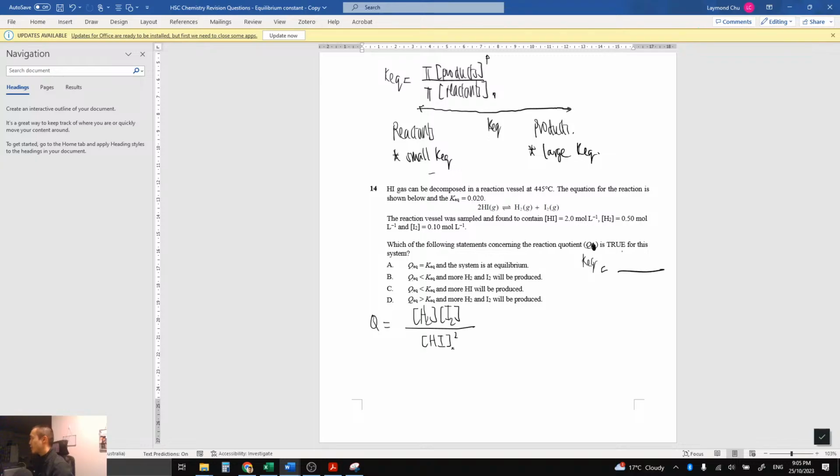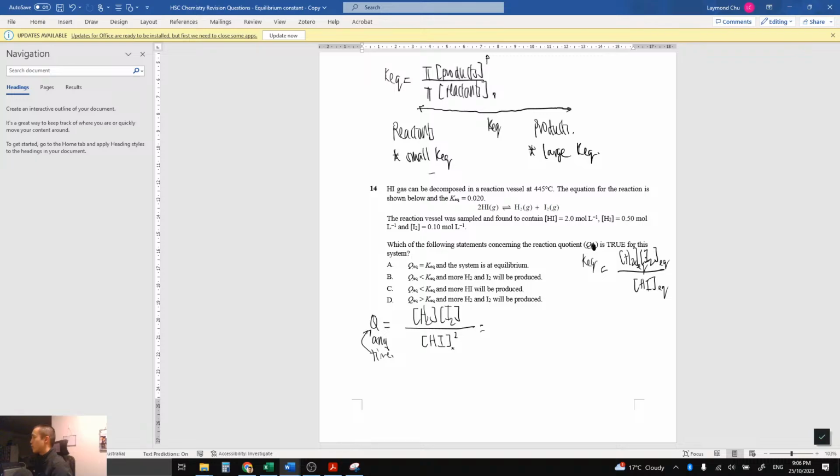Our KEQ would be this. Specifically, the concentrations of these are at equilibrium. I'm sure you guys are aware of an ICE table, or RICE table for some other schools. You will need to find the equilibrium concentrations to sub into these values.